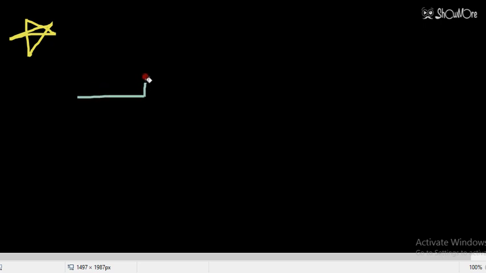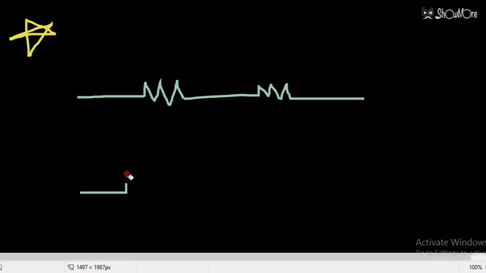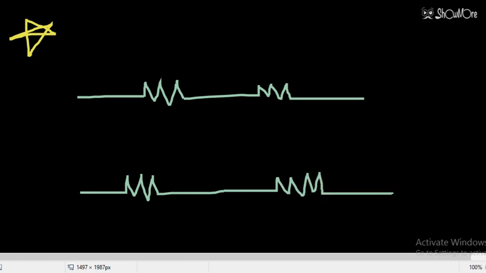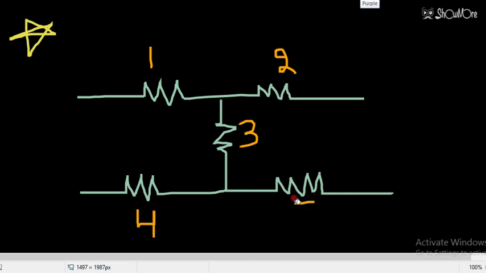Let's suppose you have this question. In the examination, you get this question. Value of resistance is, let's take it as 1 ohm, it is 2 ohm, it is 3 ohm, it is 4 ohm, and this one is 5 ohm.